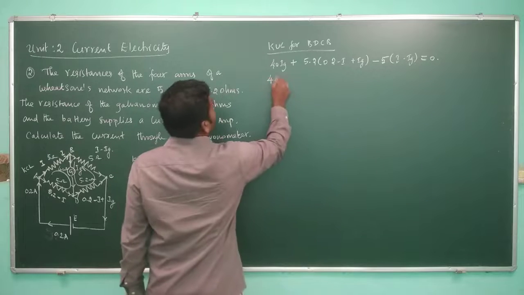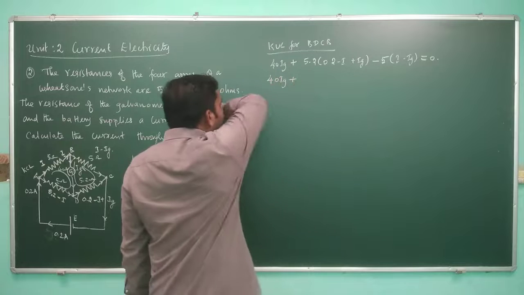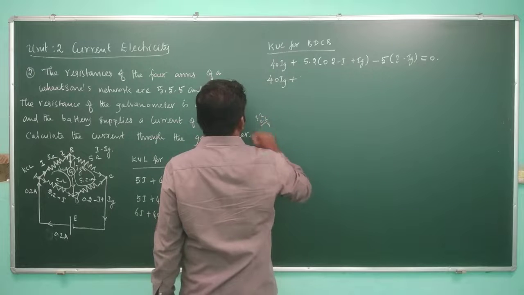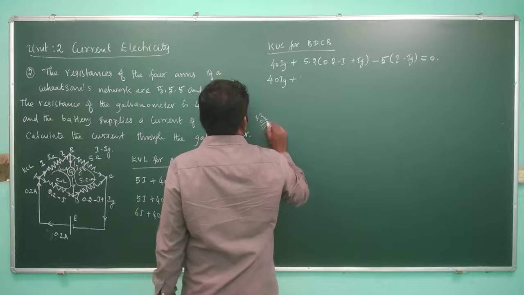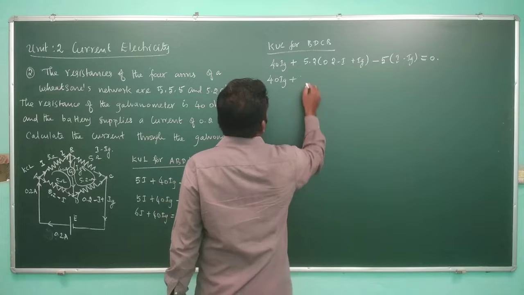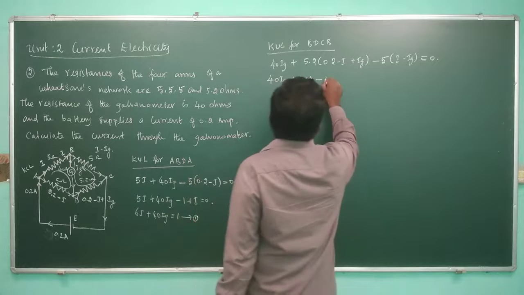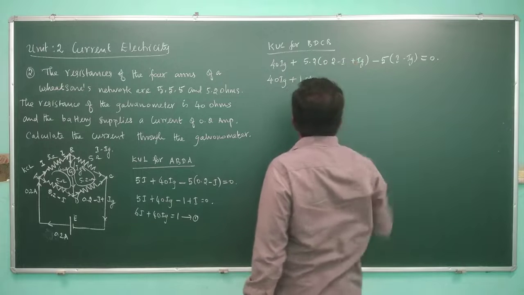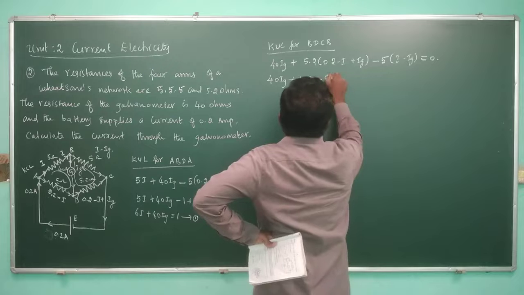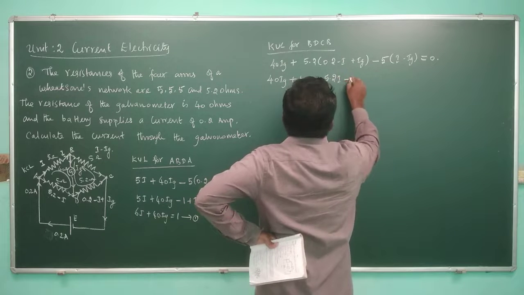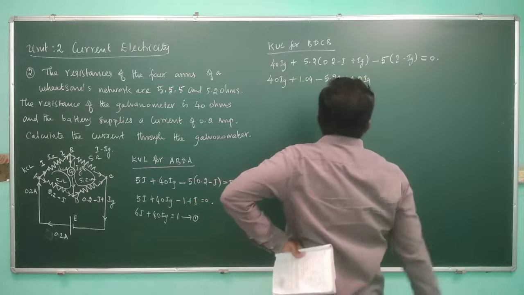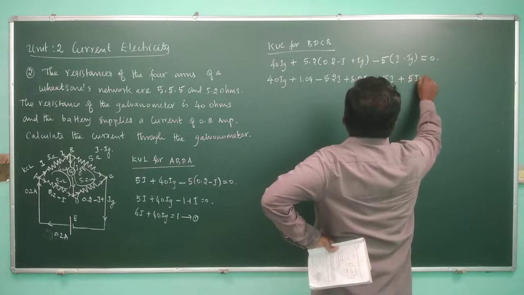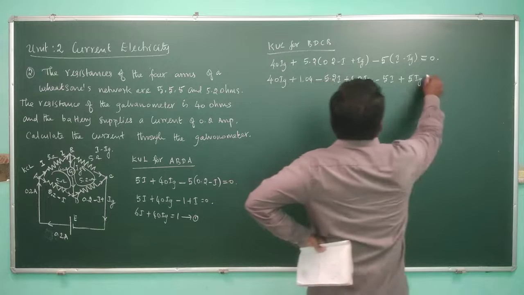So now we can rewrite this equation: 40 Ig plus 5.2 into 0.2, so 5.2 into 0.2 is 1.04, minus 5I plus 5 Ig, minus 5.2I plus 5.2 Ig, minus 5I plus 5 Ig is equal to 0.